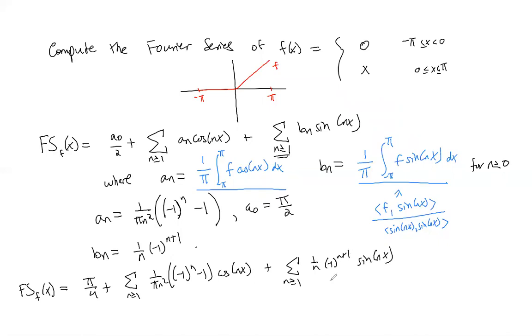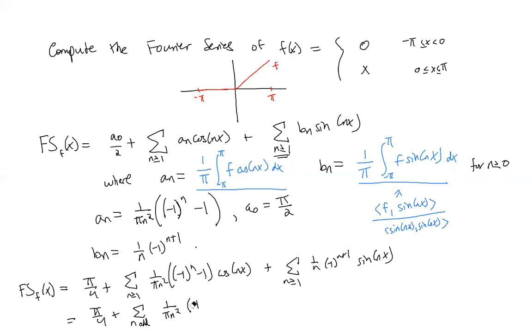So this is a perfectly valid formulation. You can also say, since this term oscillates between 0 and 2, you could write this sum over n odd, because the even terms are 0. There's so many ways to write this formula.